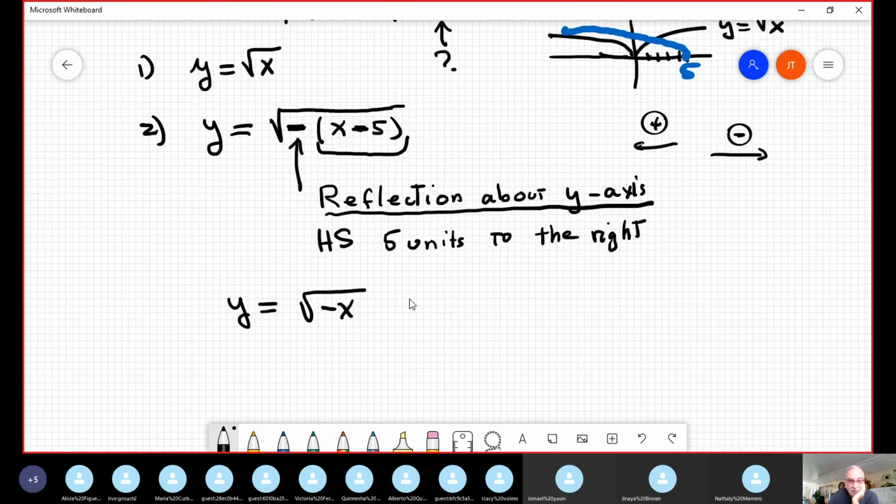Suppose that we have now this transformation: horizontal shift 5 units to the right because it's negative. And this together is both, in this order: reflection first and horizontal shift 5 units to the right. Does it make sense for you or not?